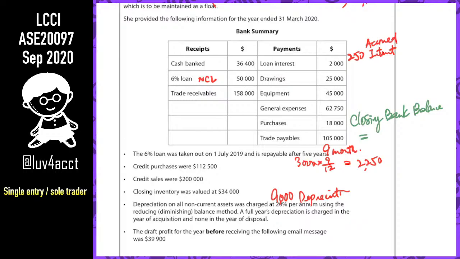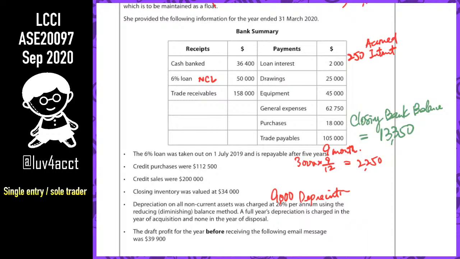So let us calculate 158,000 minus 2,000, 25,000, 45,000, 62,750, 18,000, 105,000, being 13,350.